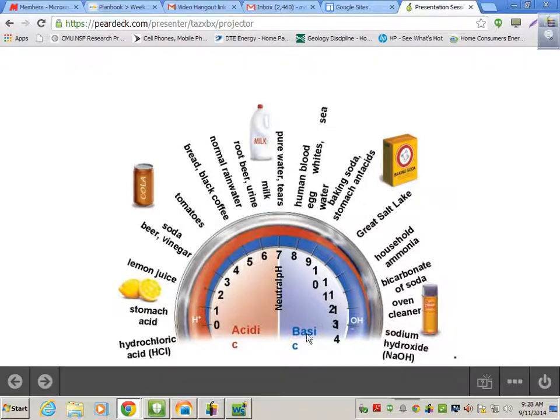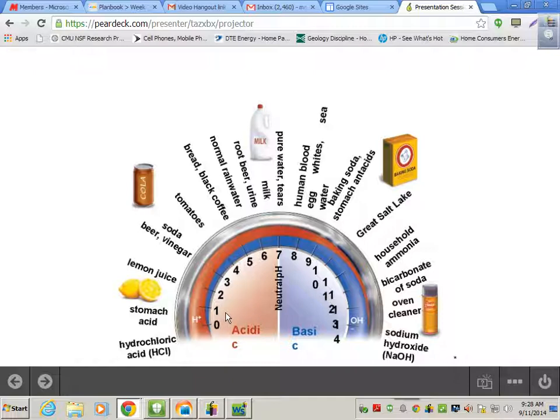If I gave you stomach acid compared to tomatoes, how many more times acidic is stomach acid, right down here, we'll say it's a 1, to tomatoes that are a 4? So 10 times 10 times 10, right? So 1,000.